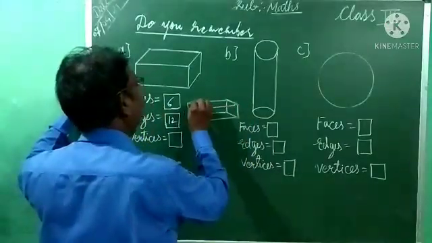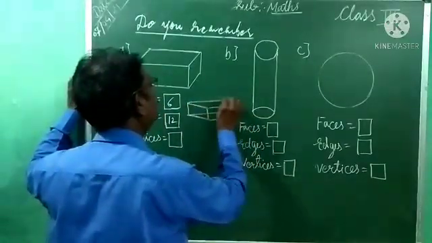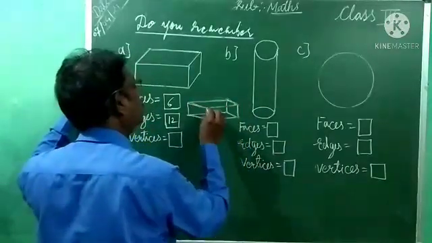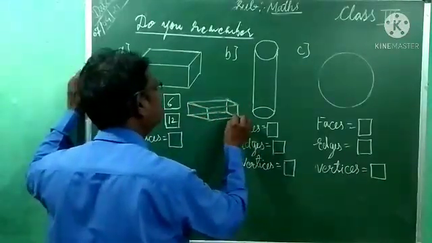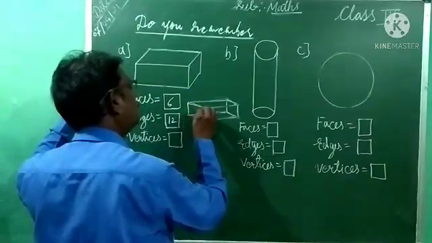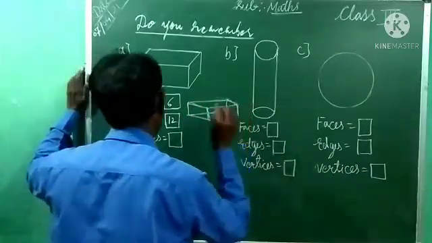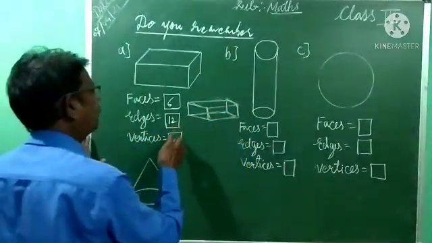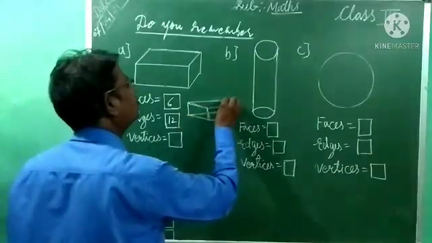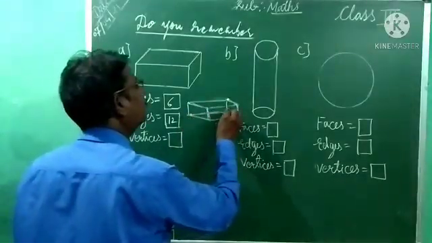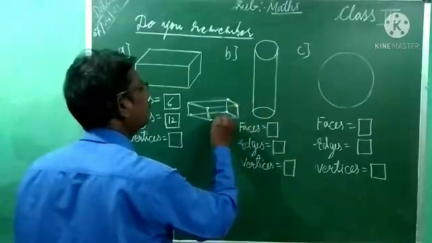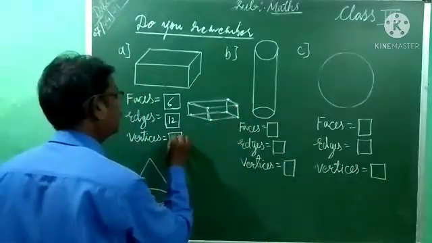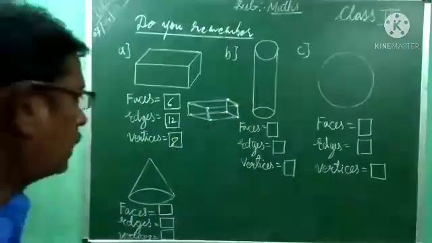Now look, this is 1, 2, 3, 4, over 5, 6, 7, 8, 9, 10, 11, 12. Edges means sides. Total sides 12. Now vertices 1, 2, 3, 4, 5, 6, 7, 8. So vertices we are getting here how much? 8 in a cuboid.